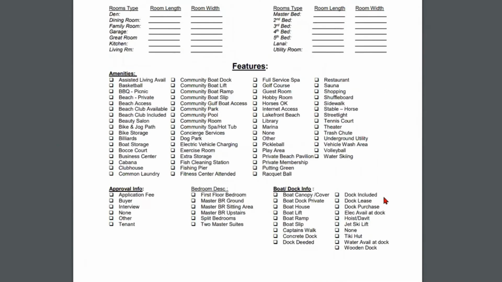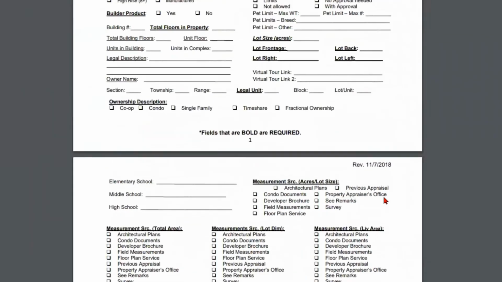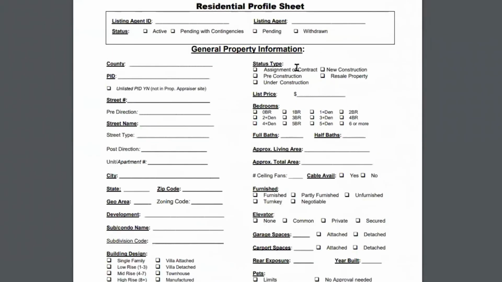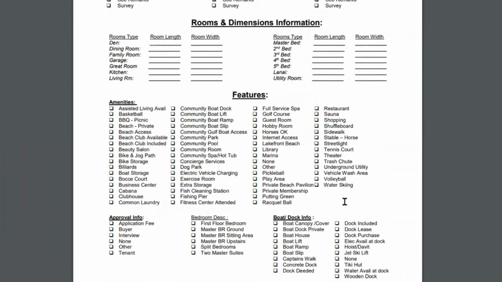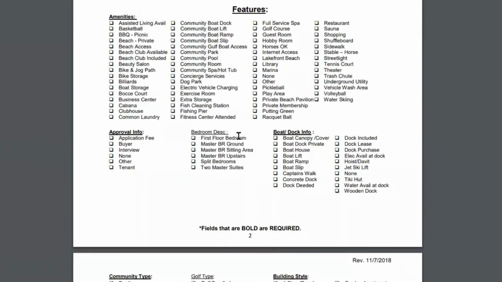So you'll notice here on the form, some of these fields, let me just scroll up just a little bit. Some of these fields, like status type, for example, you'll notice it's in bold type and it's underlined. Those are required fields when you're entering a listing into the MLS. But you'll come to other fields, like bedroom description, for example, that are not necessarily required.